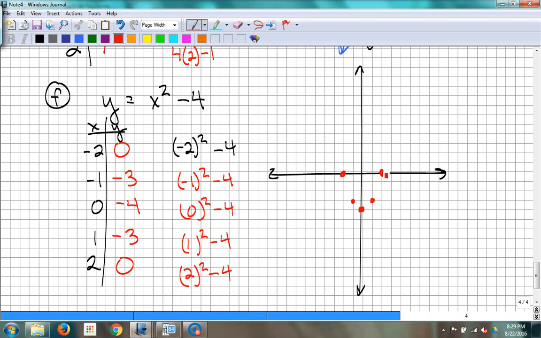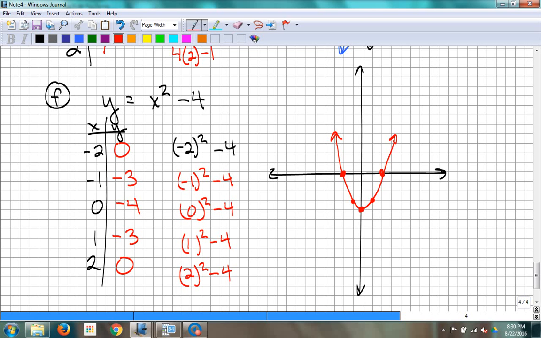Those are those ordered pairs out of that. What this ends up doing is making this kind of shape. It's not quite a V. It's a little kind of rounded more at the bottom. But it makes that kind of shape. But the ordered pairs really are that.